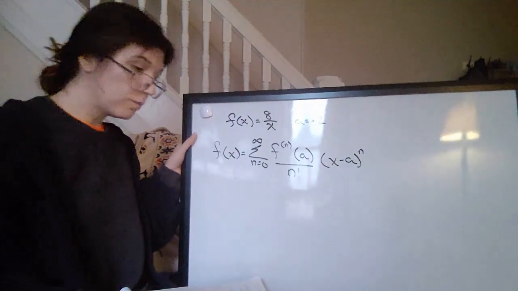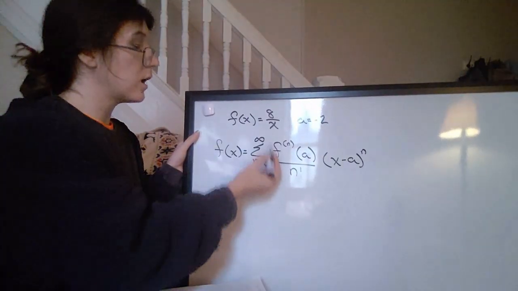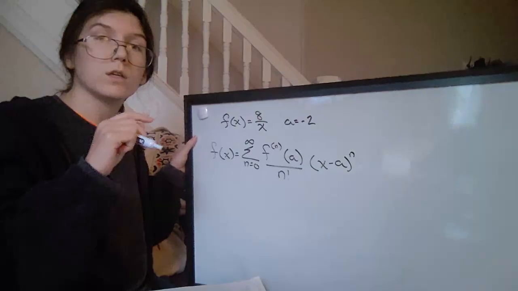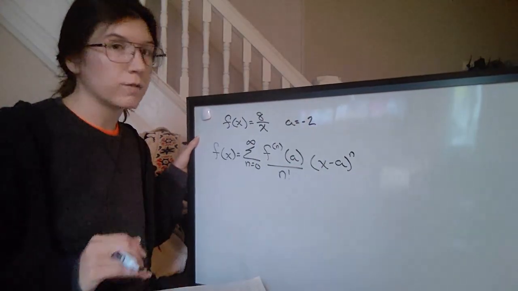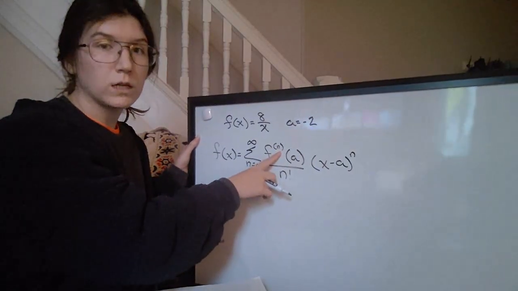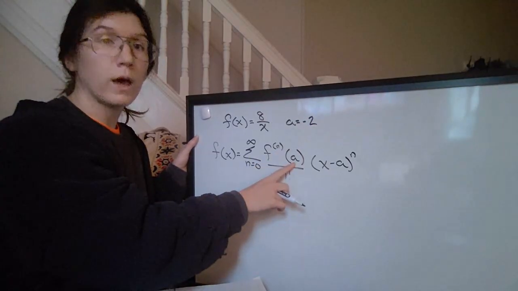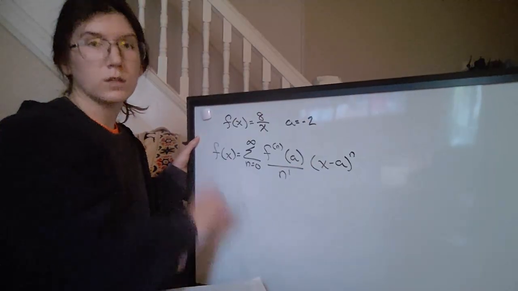Okay. So basically what we are going to need is the nth derivative of these things. That's why when we were going through these previously, we started off with our derivatives. And once we start with our derivatives, however many we'll need, the problem will tell us that specifically. Then we are just going to plug in whatever value of a that we have, and then plug it into this whole thing.